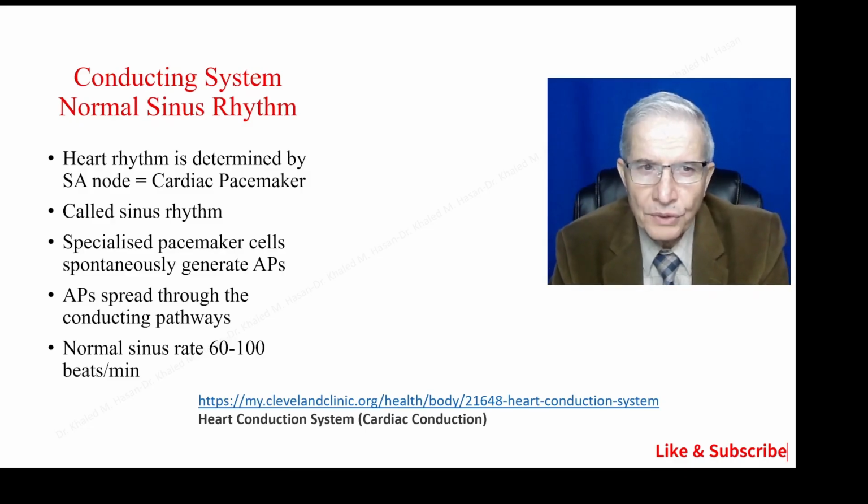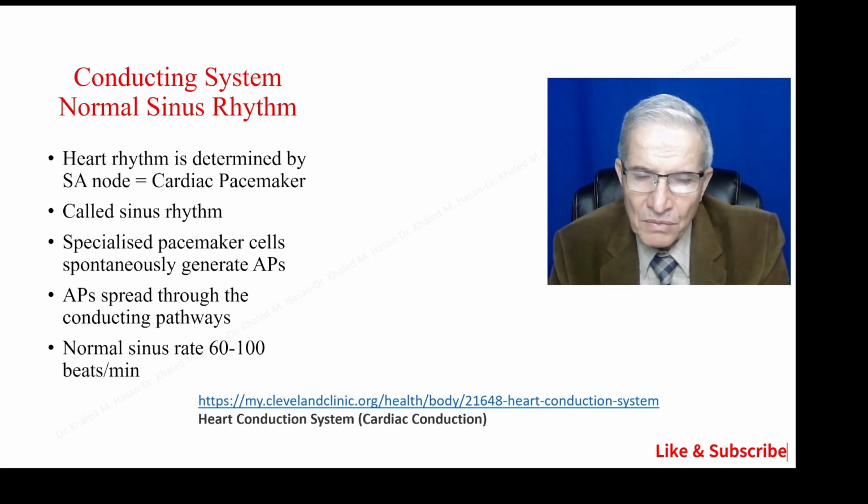Speaking about the conducting system and normal sinus rhythm, we know that the heart rhythm is determined by the SA node, the sinoatrial node, which is called the cardiac pacemaker. This cardiac pacemaker is responsible for the sinus rhythm.